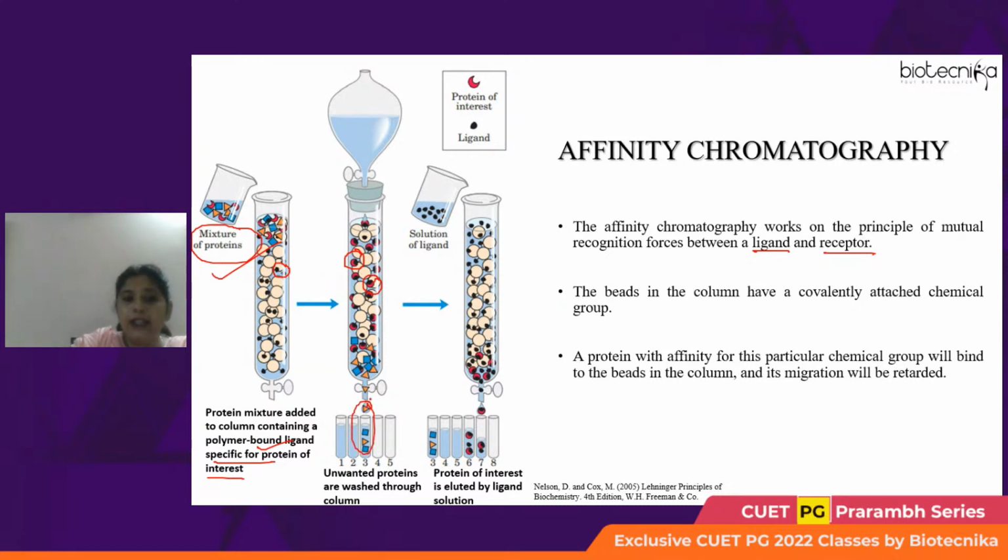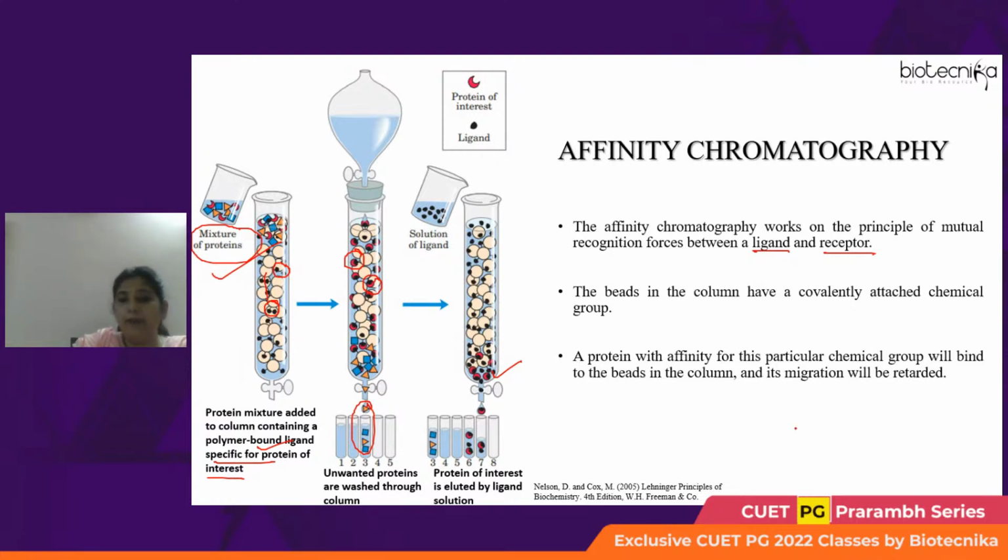Finally, once unwanted proteins are washed off through the column, you can add another solution to separate the protein of interest. The beads in the column have a chemical group, the ligand, which can attach to a macromolecule. Here your macromolecule is the protein.